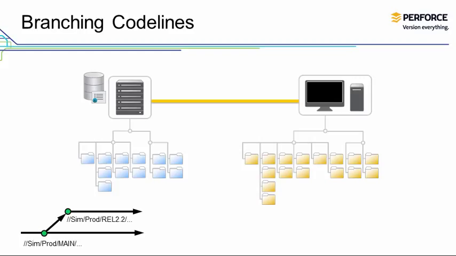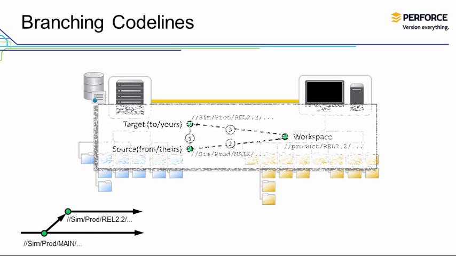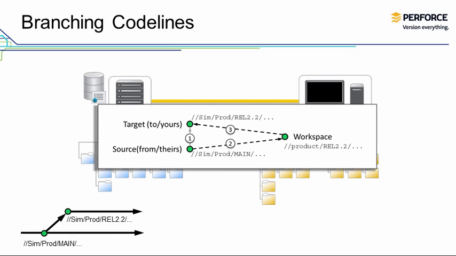You can visualize what happens when you create a branch by thinking of creating a triangle between the source, target, and workspace. Thinking of the process as three legs of a triangle helps clarify the relationship between the theirs and yours files. When you initiate the integration, you identify the source and target code lines, which creates the first leg of the triangle, shown here as 1.